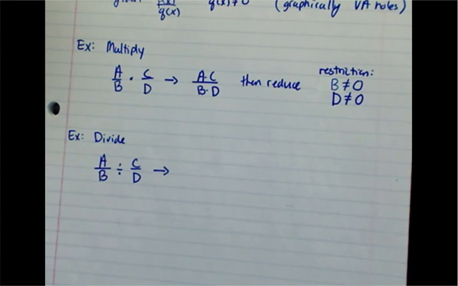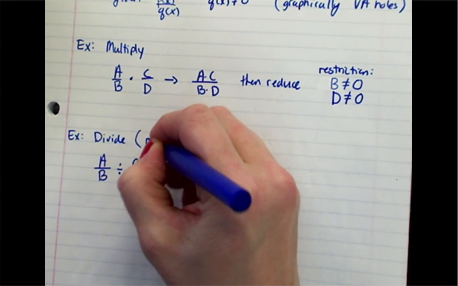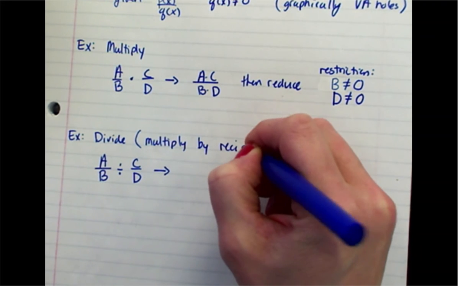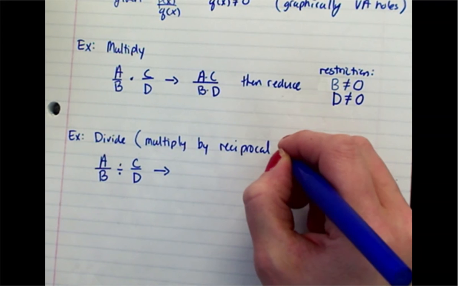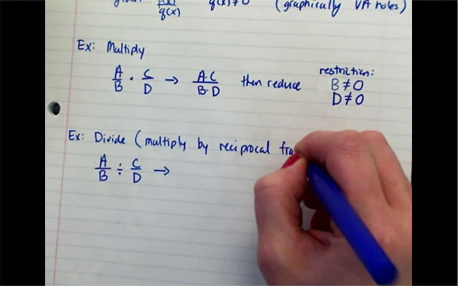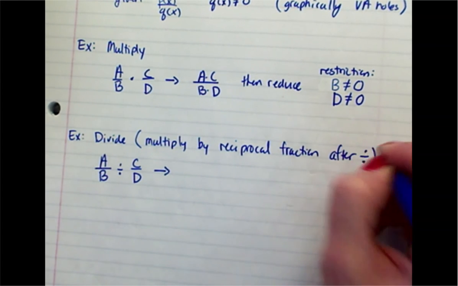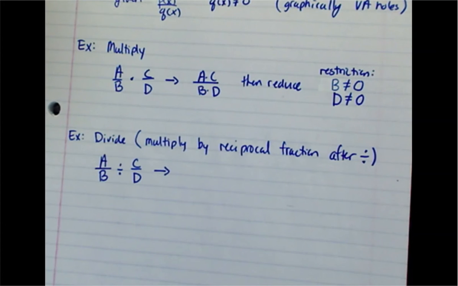It's the reciprocal of what? Of C over D, and multiply by it. Okay, so multiply by the reciprocal of the fraction after the divide sign. You have to reciprocal the correct fraction or it is not actually correct, right? You can't just flip any one of them. You have to do the reciprocal of the fraction that comes after the division.